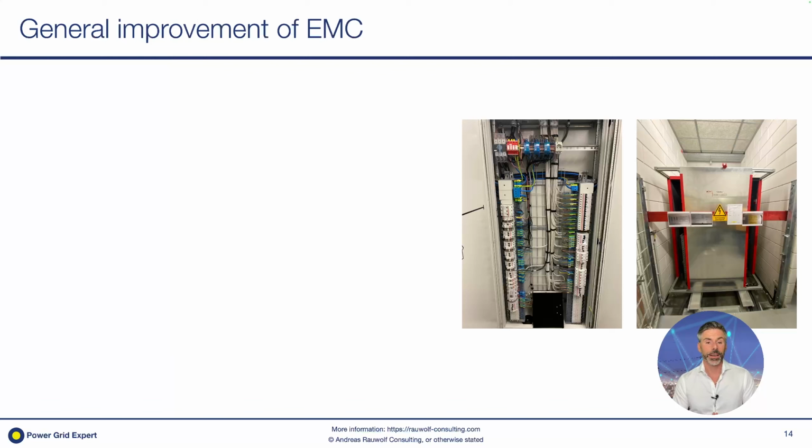And the last thing, and that's for me pretty interesting, looking overall at these measures, what we can see is basically what's happening now in the medium voltage and also in the low voltage, medium voltage, high voltage, not yet, is what we know for decades from PCB layouting.